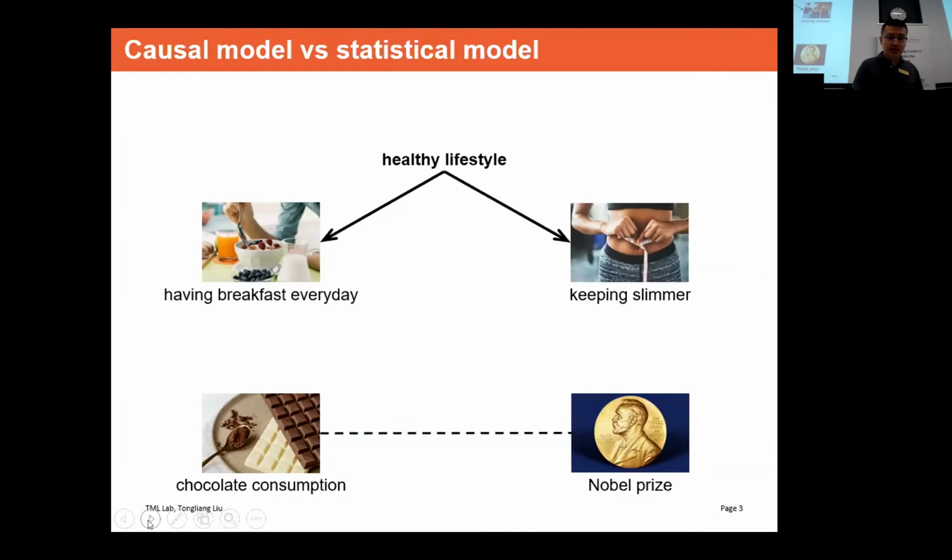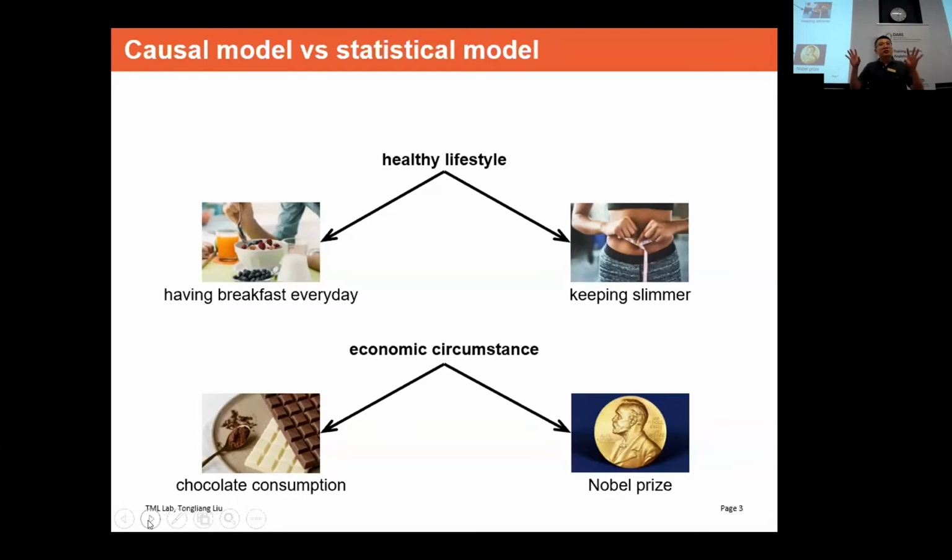Obviously not. The reason is that to make predictions, we can make use of statistical dependence, but if we want to make interventions, we have to make use of the causal relationship. There's some causal structure behind.